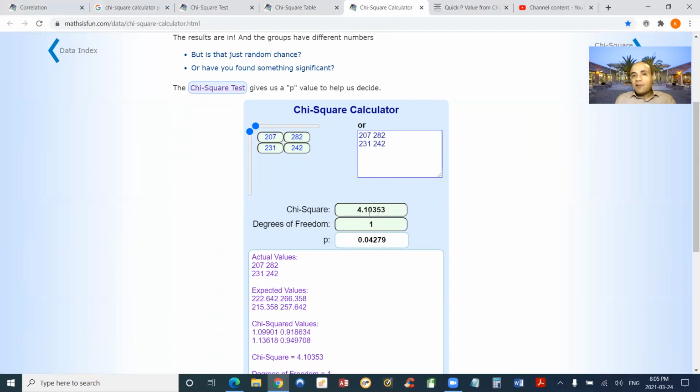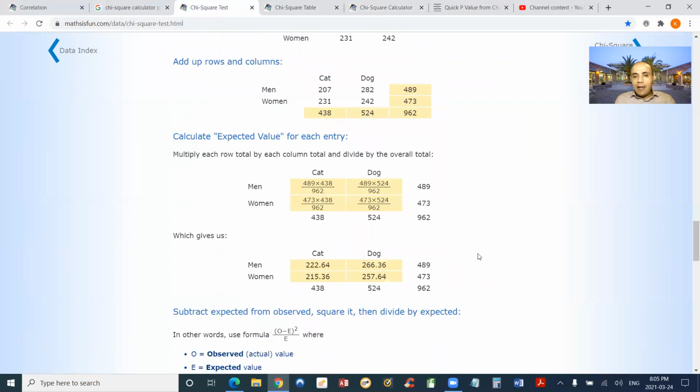Okay, so I get the same chi-square, 4.102, and the result is 0.04279. So I would say 0.043.